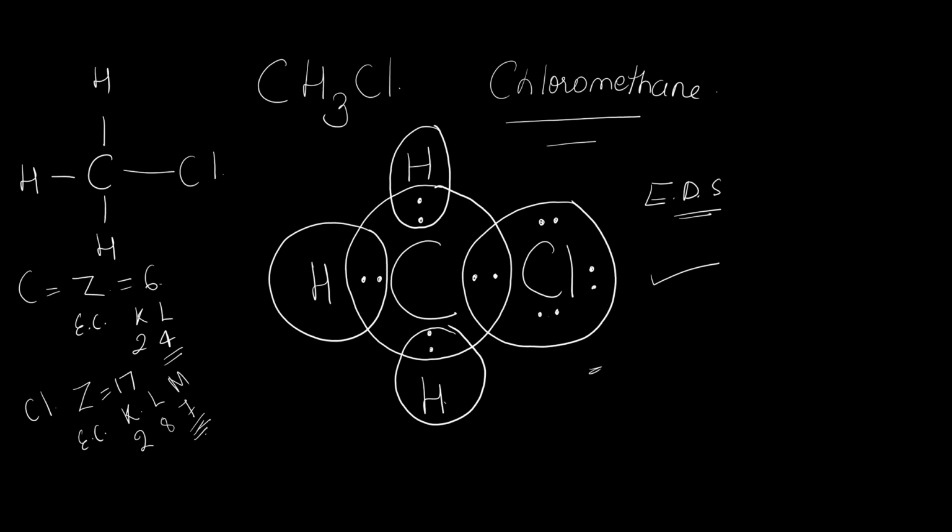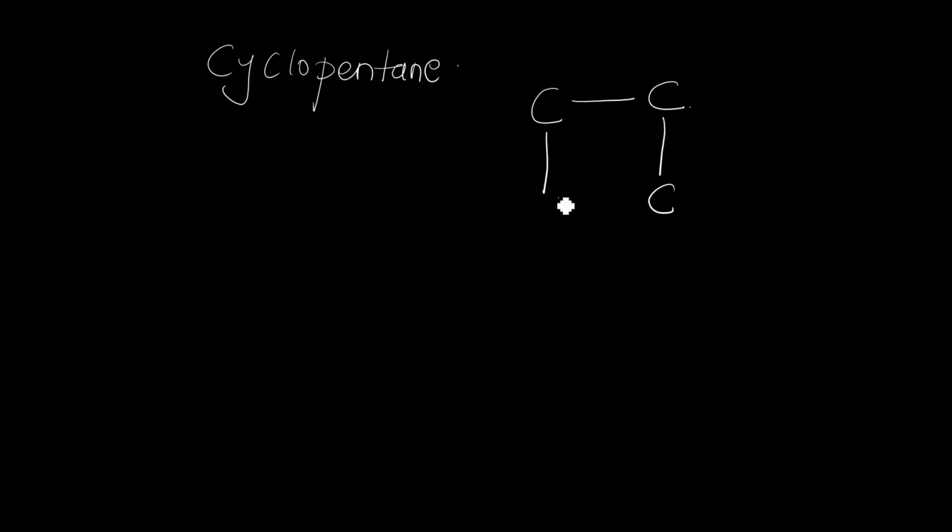Let's see one more example: electron dot structure for cyclopentane. How will we write the structure? 1, 2, 3, 4, 5.